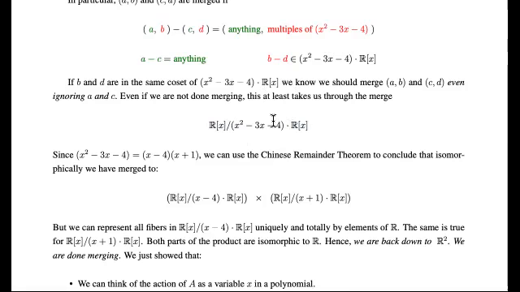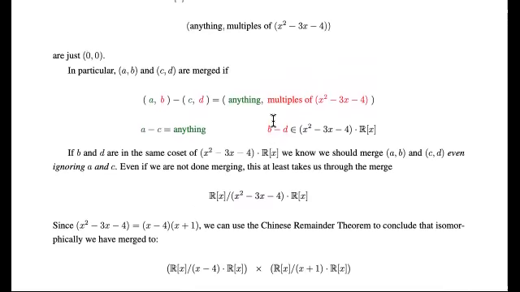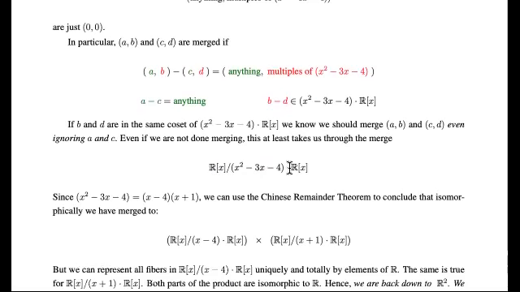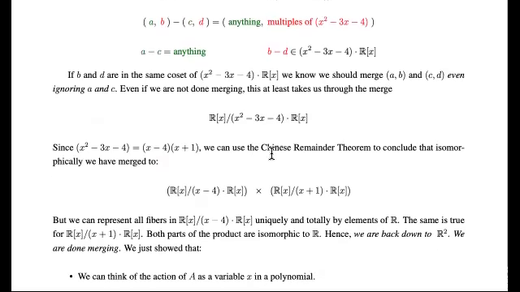Basically, when we do this mod, our Rx squared actually turns into this. Now, this polynomial factors nicely, and by the Chinese remainder theorem, since these guys don't share common factors, it actually looks like this.